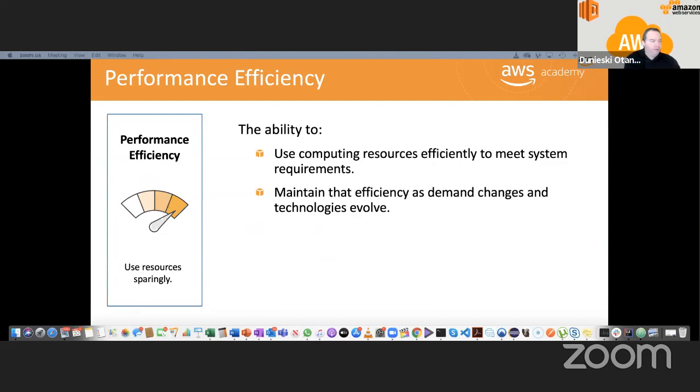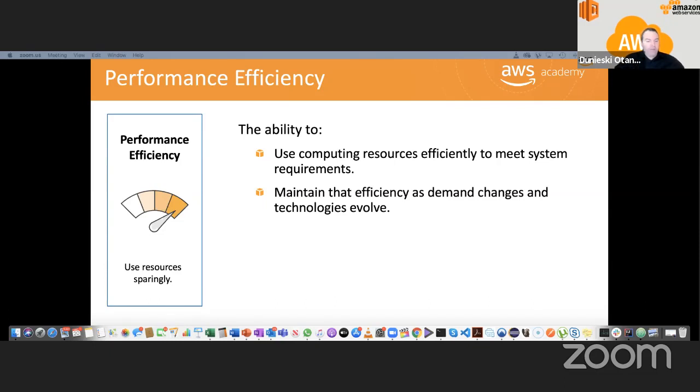Another one is performance efficiency, which is the ability to use computing resources efficiently to meet system requirements. Like we have said before, sometimes you have more resources than you need, like you are over provisioned.